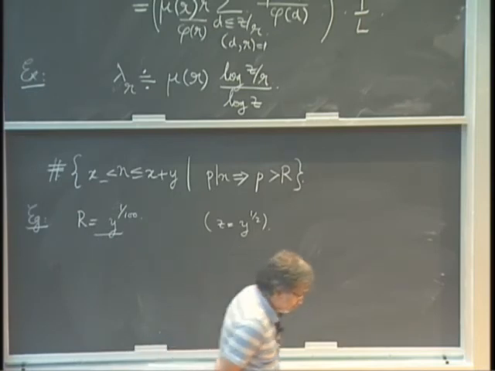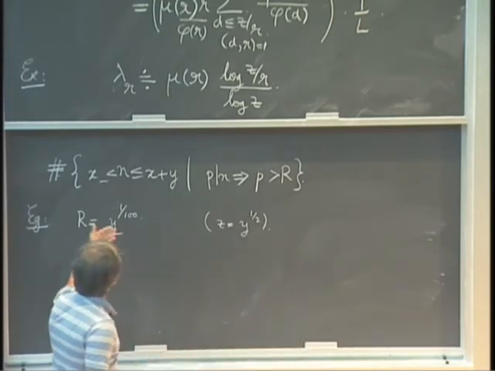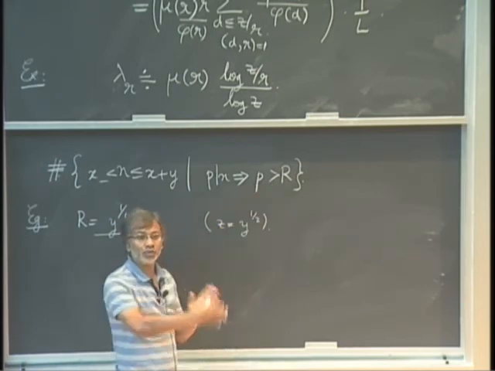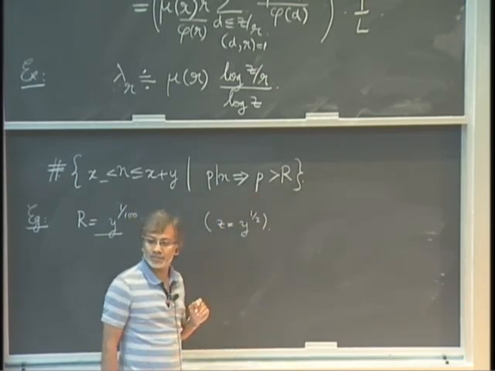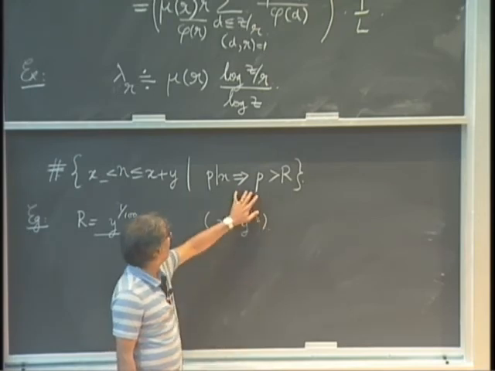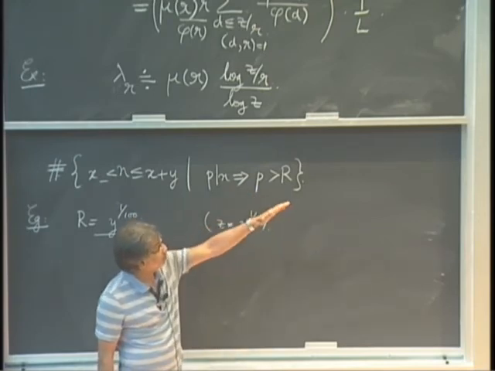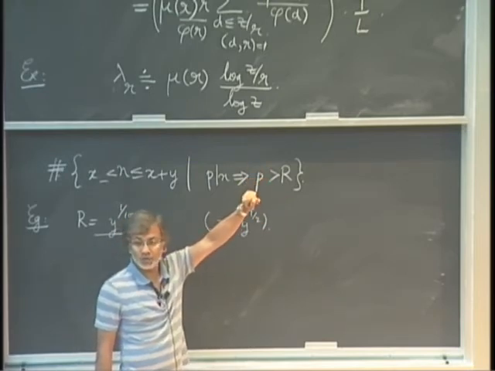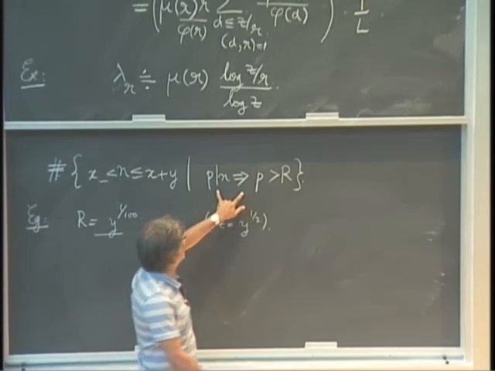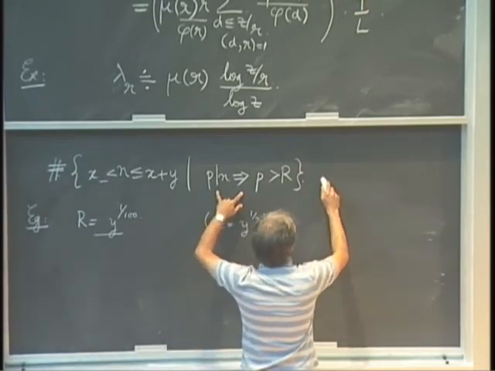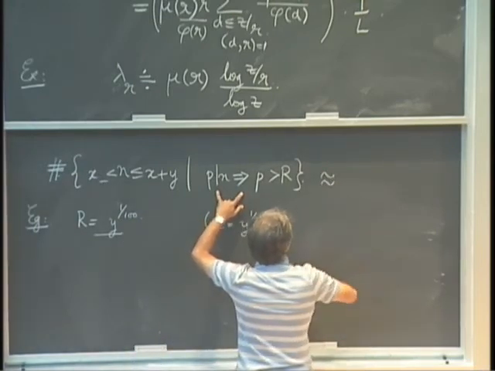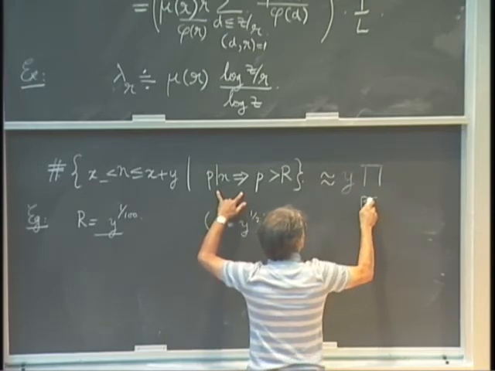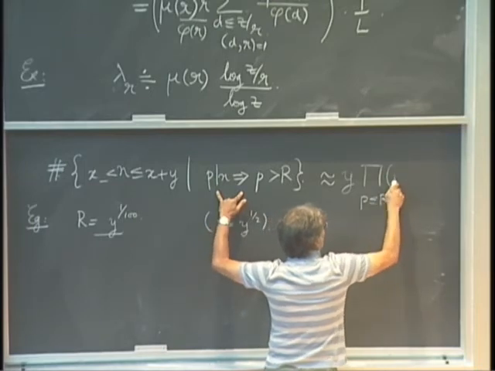So you might think, well, in this case, I'm not asking for a whole lot. I'm not really asking for primes. I'm only asking that these numbers should not be divisible by a small prime factor. Okay? So you might think that I should be able to get some result that's better than this upper bound of twice y over log z or whatever, to try to get an asymptotic formula for this. Is this approximately the same as what we should guess, which is y times the product over p up to R of 1 minus 1 over p?